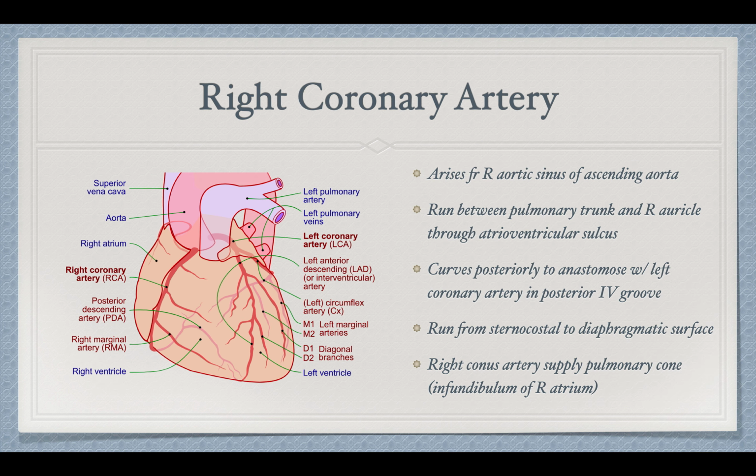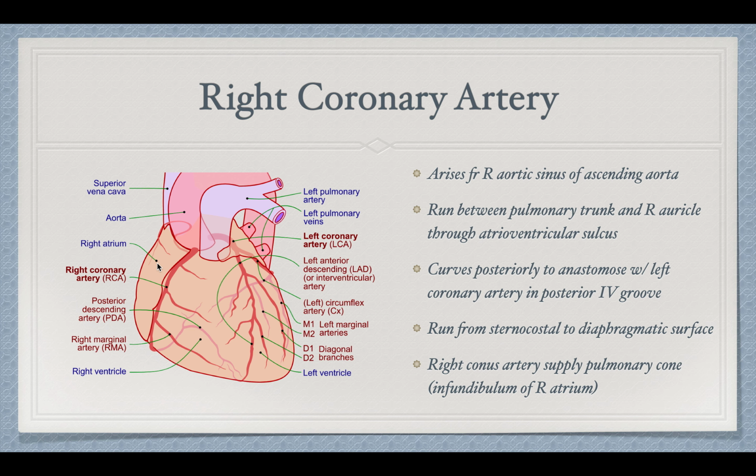The right coronary artery arises from the right aortic sinus of the ascending aorta, and it lies right between the auricle of the right atrium and the pulmonary trunk. This picture doesn't show the auricle, but the auricle is like a little flap, and it lies right on top of the right atrium.